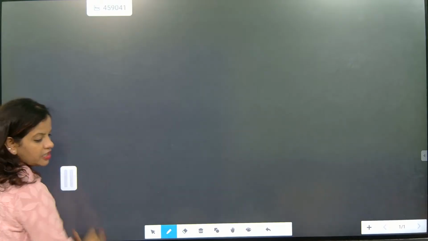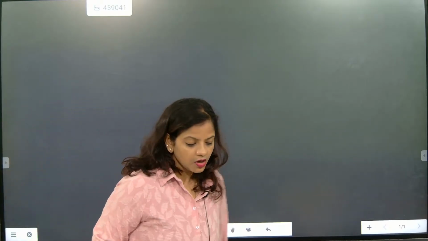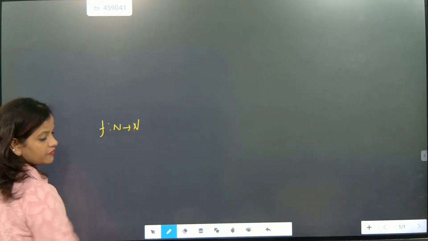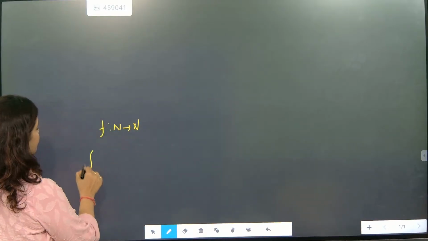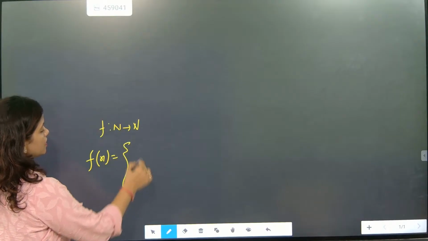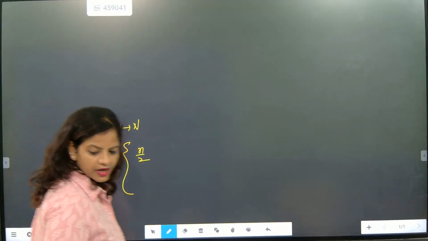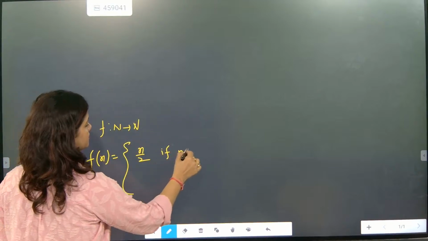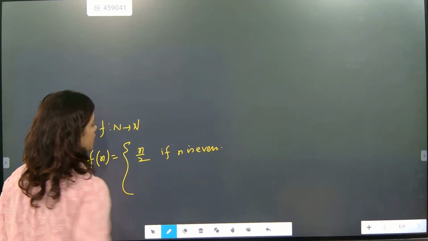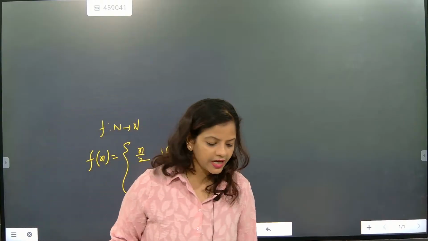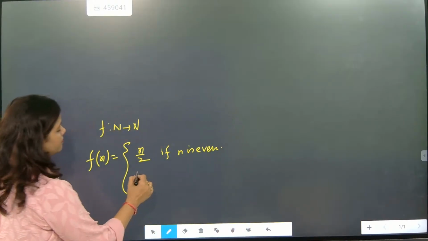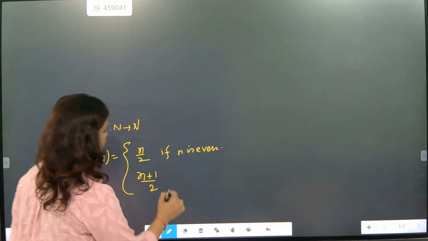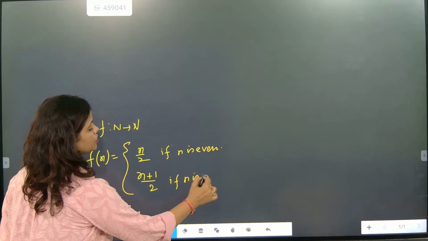This is an NCERT question, so do it very carefully. The question is: let f: N to N, natural numbers I have given, be defined by f of n is equal to n by 2 if n is even, and the second part is n plus 1 by 2 if n is odd.